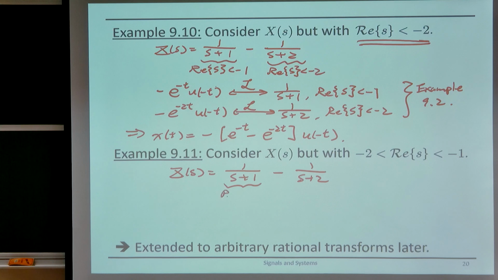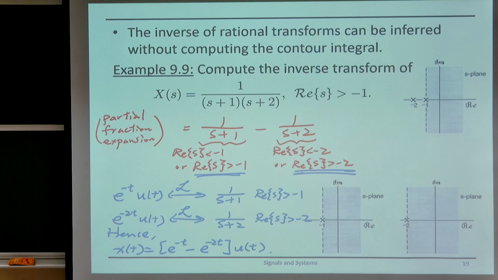The first term should have ROC corresponding to the real part of s less than minus 1. And the second term should have ROC corresponding to real part of s greater than minus 2. So for this term, the inverse transform is this. And for this term, the inverse transform is what we get on the previous slide.